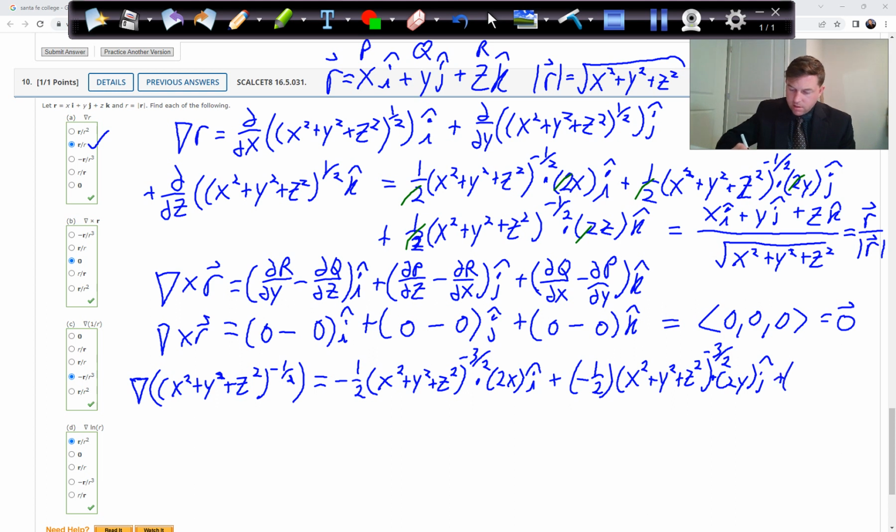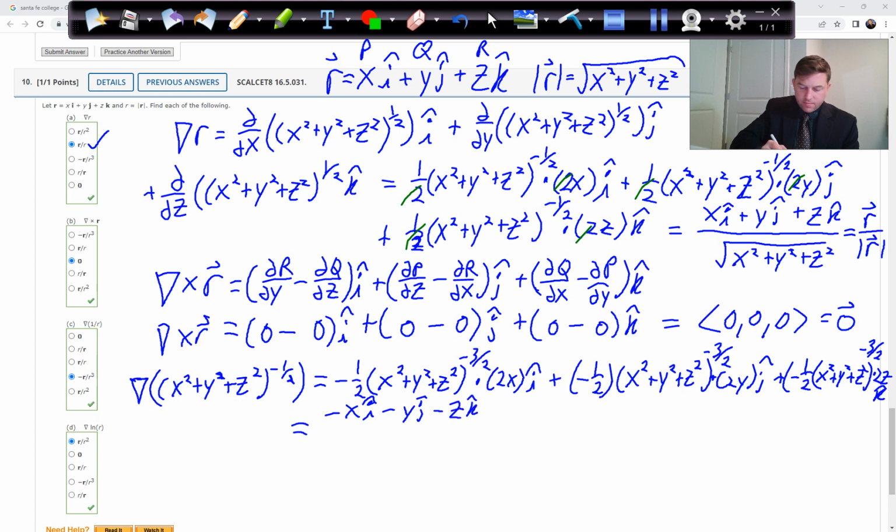And then it's going to be plus minus 1/2 x squared plus y squared plus z squared to the negative 3/2 times 2z in the k direction. And again, the 2's are going to cancel, and what you're going to get on top is minus x in the I, minus y in the j, minus z in the k.